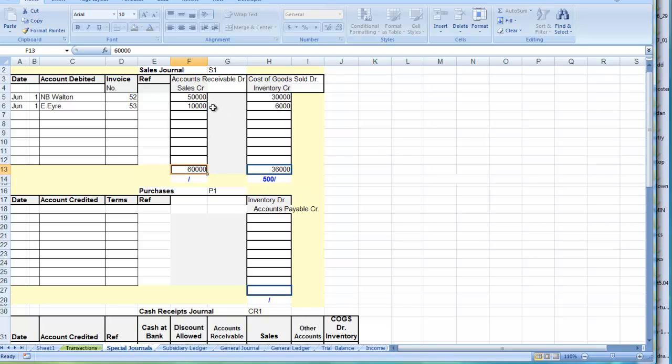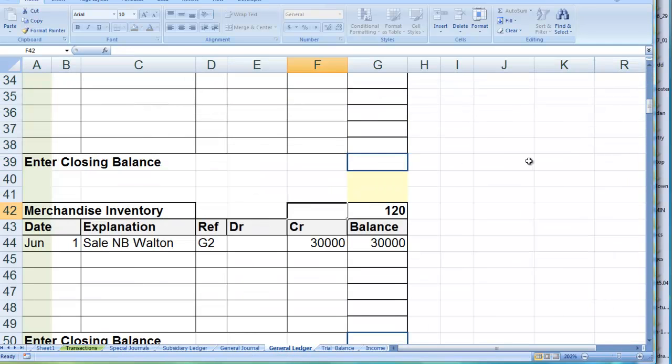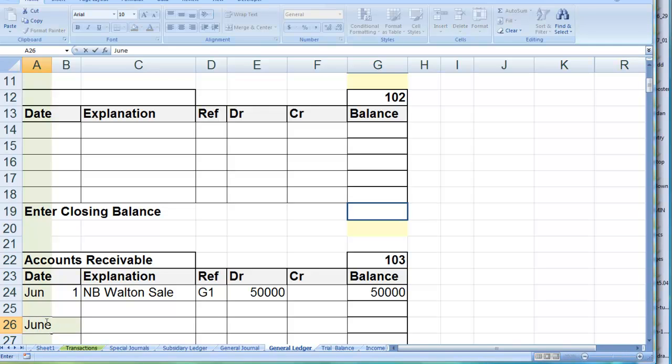So I would go to accounts receivable, the general ledger, at the end of the month, so it'll be June 30. And bear in mind, this item will no longer be there, and we'd have sales June, reference S1, that's the sales journal, debit $60,000, and our balance will be 60,000.